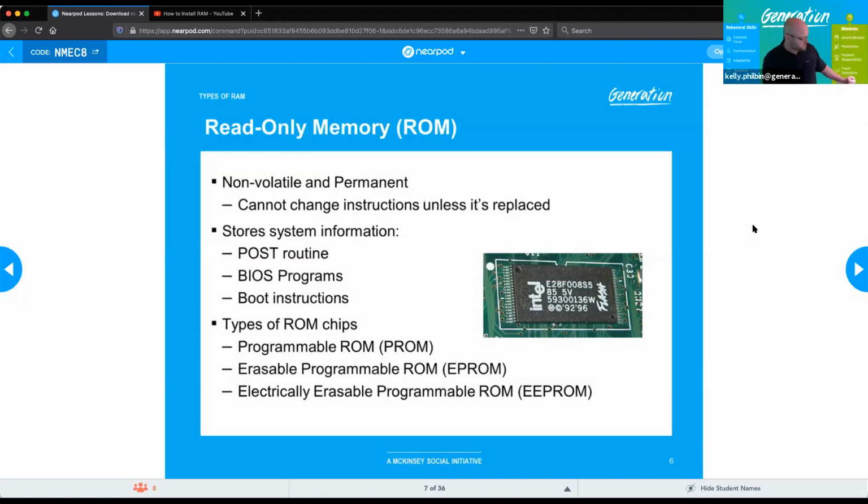Who can tell me off the top of their head, what does BIOS stand for? What does that acronym stand for? We just went over it this morning. Go ahead, Jackie. Basic input output system. Beautiful. And who wants to tell me what is replacing BIOS? BIOS is the old system. What are we using now?